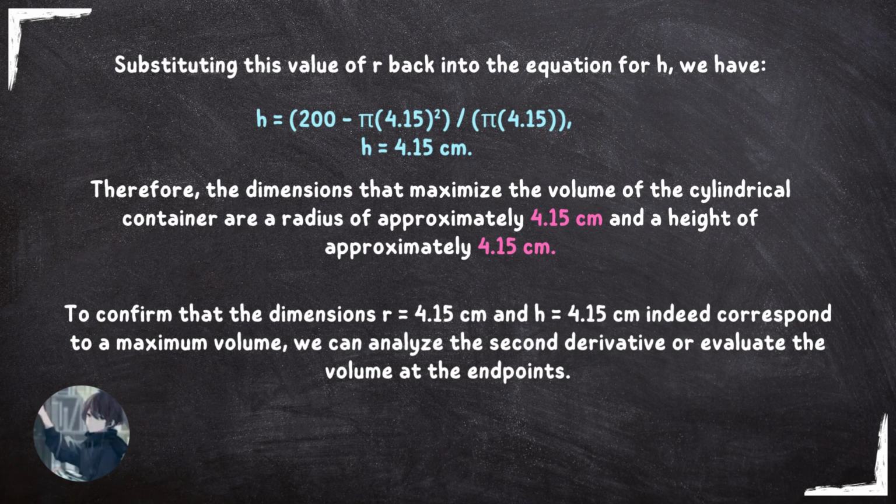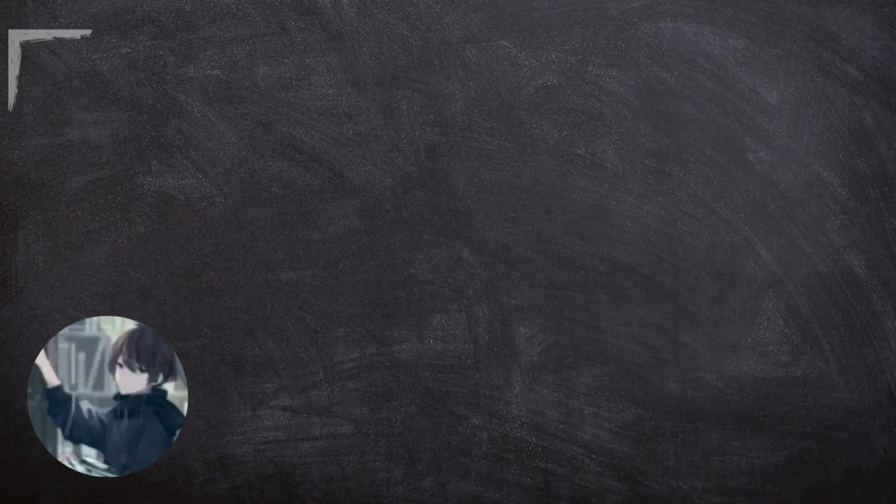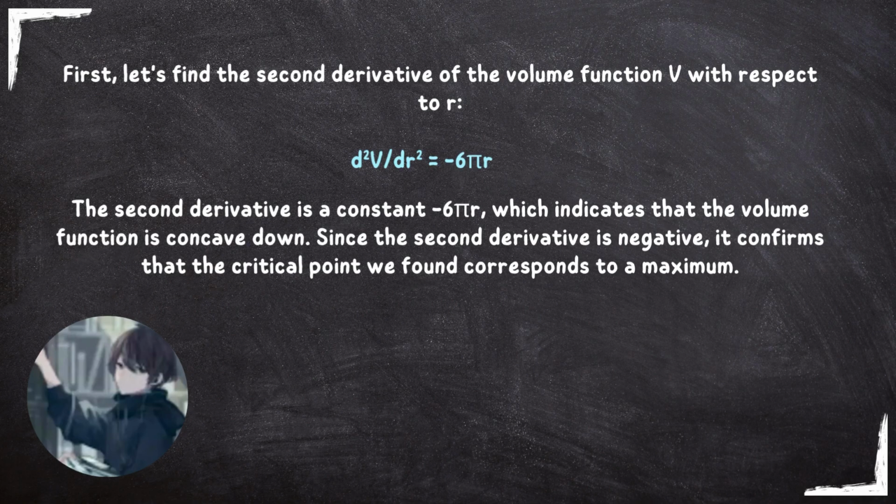To confirm that the dimensions r = 4.15 cm and h = 4.15 cm indeed correspond to a maximum volume, we can analyze the second derivative or evaluate the volume at the endpoint. First, let's find the second derivative of the volume function V with respect to r. d²V/dr² = −6πr.